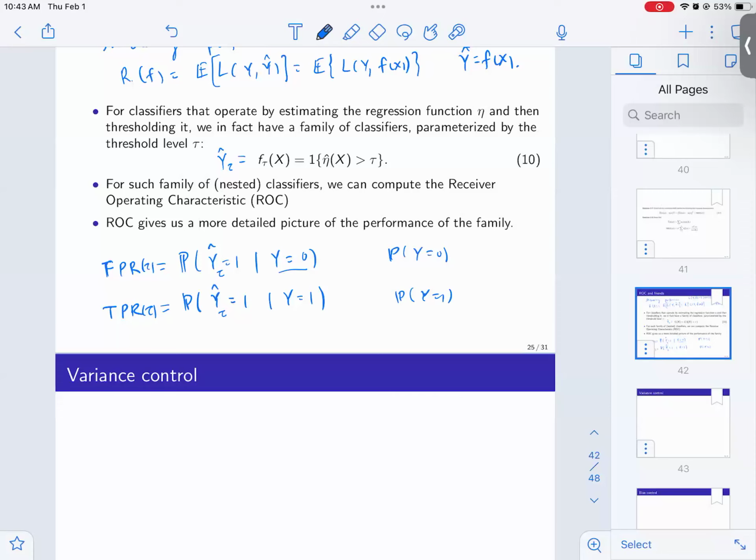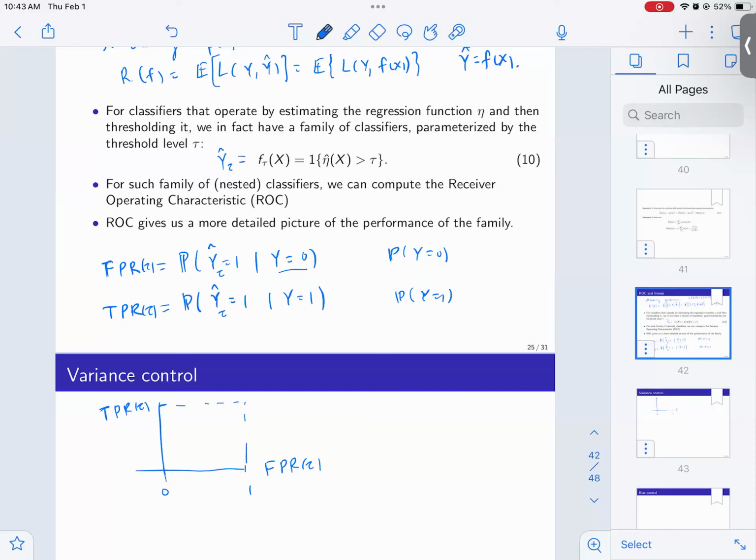And then when you plot this, as a function of tau, you get this interesting plot that goes from 0 to 1. You plot false positive rate as a function of tau versus true positive rate as a function of tau. This is called the ROC.